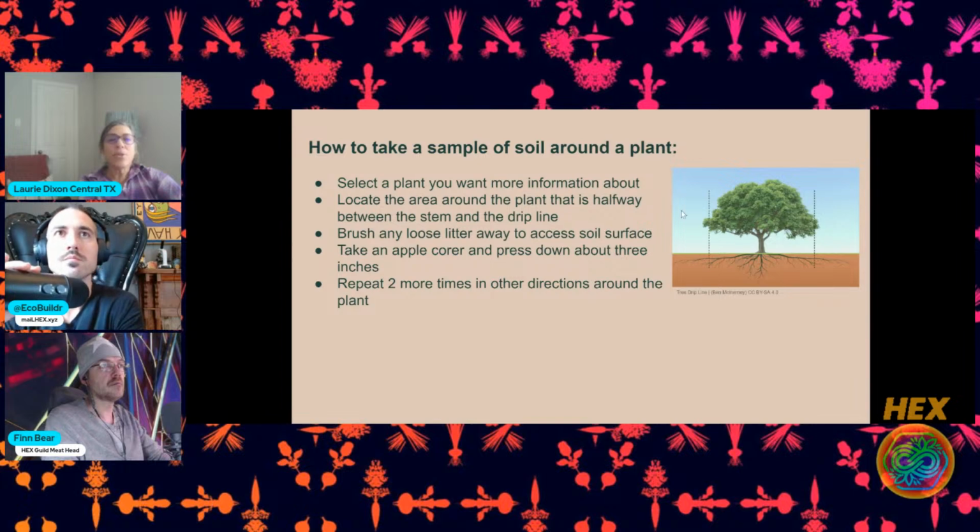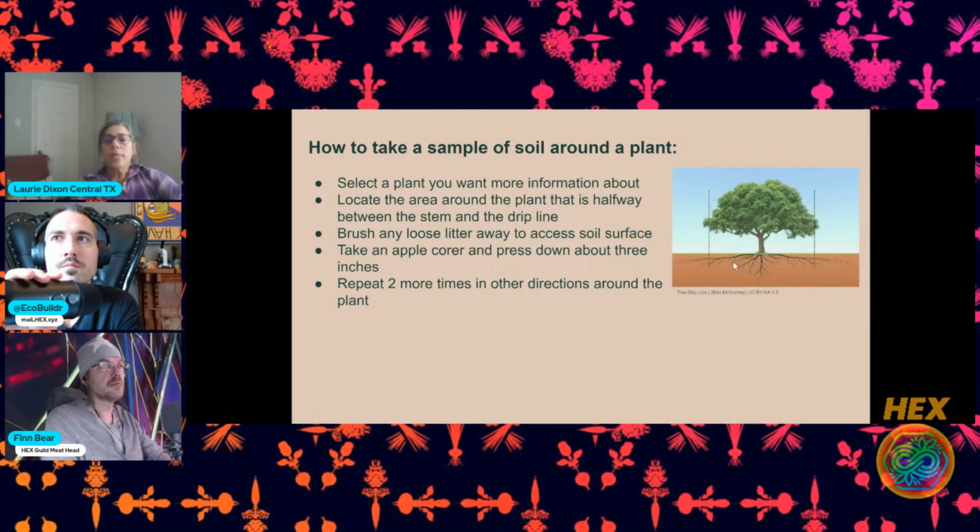Let's say you're worried about this tree here. It's suffering. So you want to check the biology in that root zone. And so when we take a sample for a specific plant like this, or a large shrub that's sick, then you're going to go halfway between the drip line, which is the outer canopy of the tree.